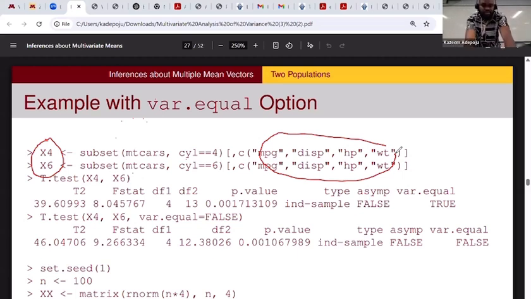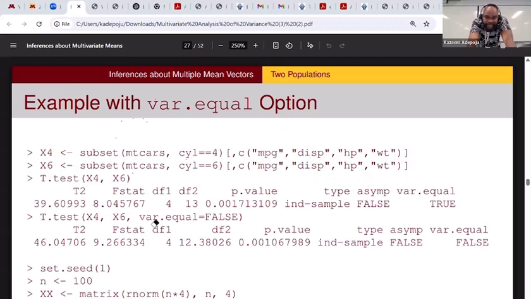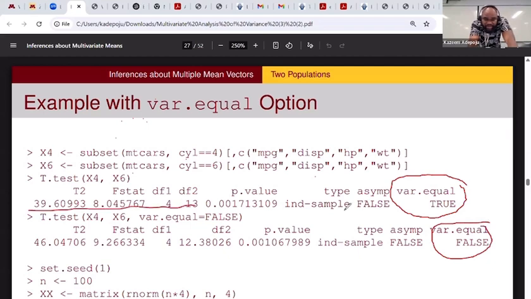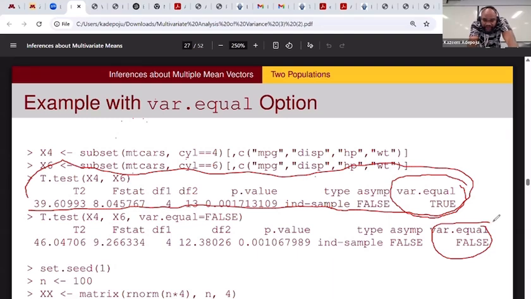Okay? So that's exactly it. If you take a look at this one and this one, there are two different tests here. Please pay attention, this one is different from this one.